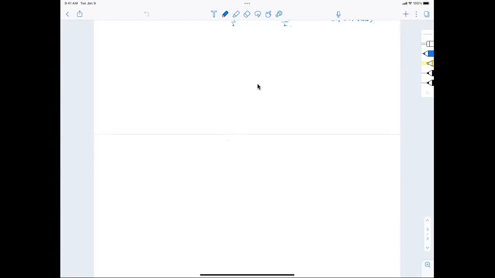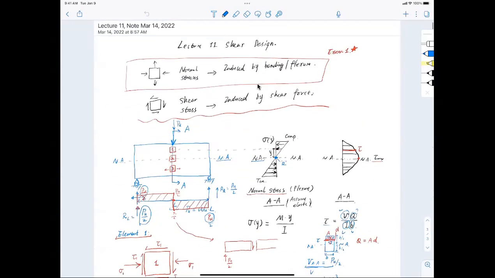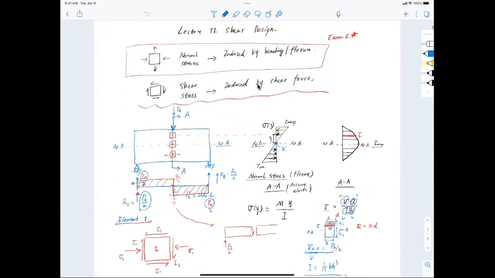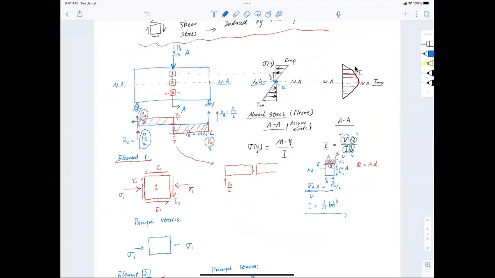Teaching the shear design part today, okay? Shear design part, with a quick review of what we have learned so far. From the previous lecture notes, we have covered why we might have diagonal cracks in the beam, and why that is critical. The reason is that we have a stress distribution in the beams, and at different locations the principal stress directions are different.